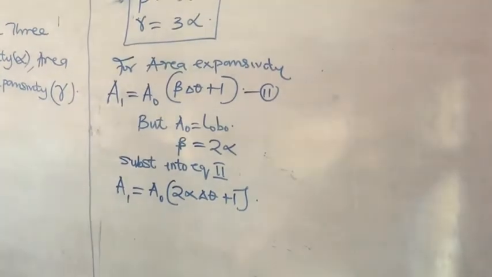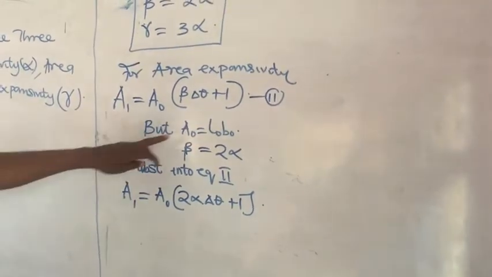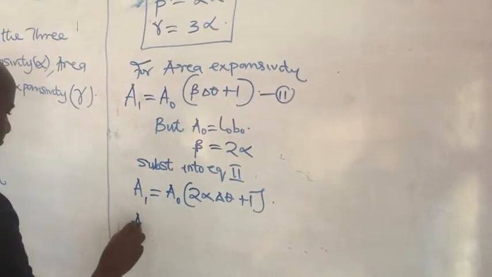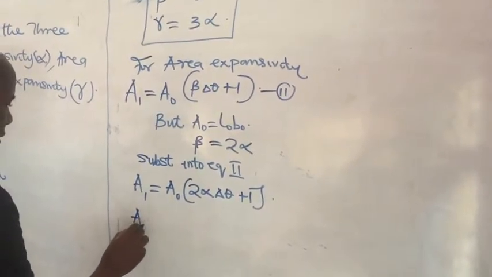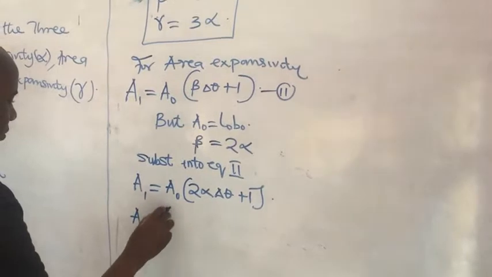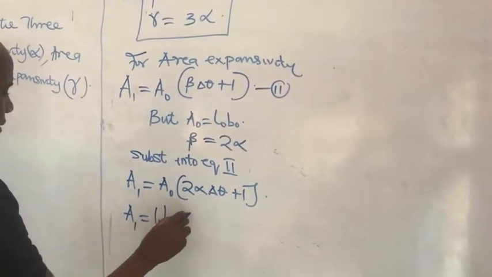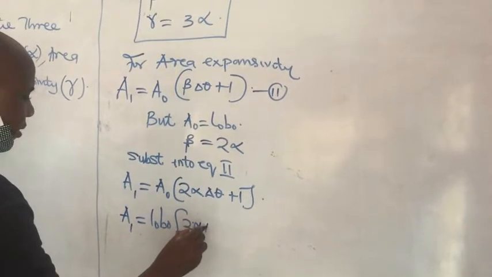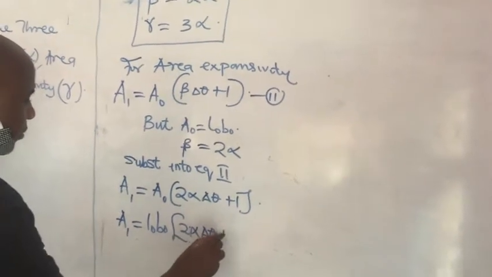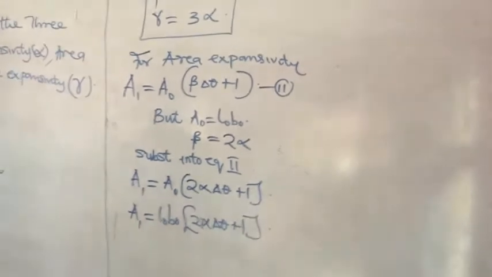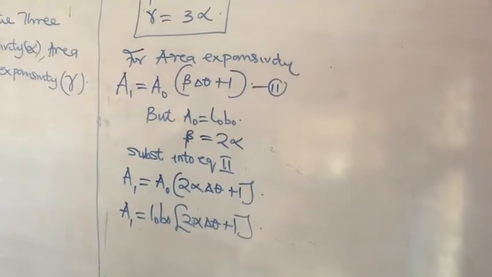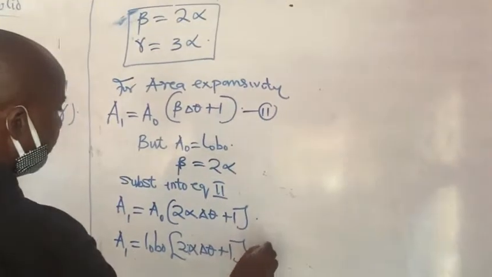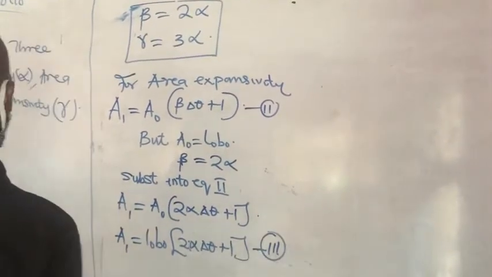I also know quite well that A0 is the same as L0 B0. So I can write A1 equal to L0 B0 bracket 2 alpha delta theta plus 1. You can call this one equation 3.